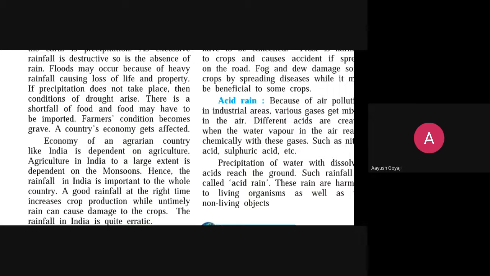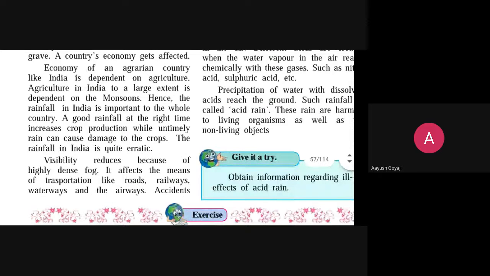Because of that, what happens? Farmers' condition can be worsened. It can be bad. A country's economy gets affected, because if there is no income for the people, then the condition of the economy will also get affected.